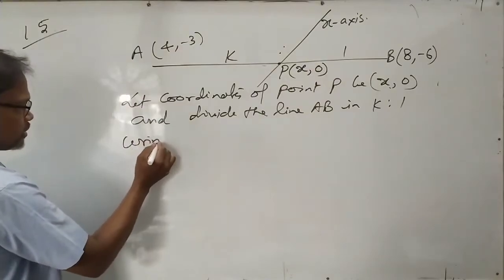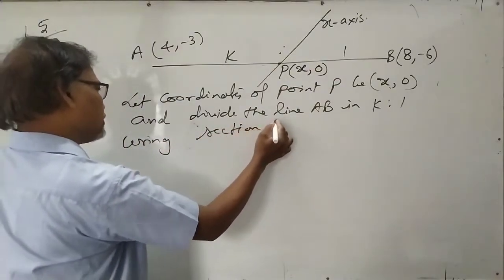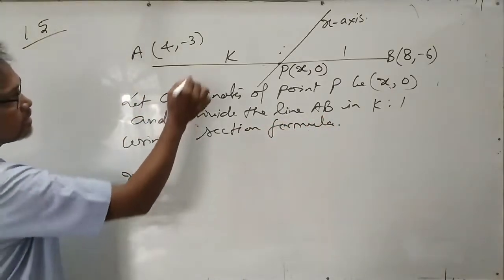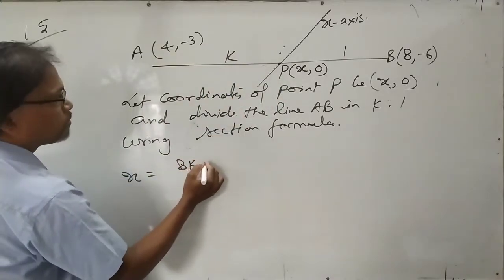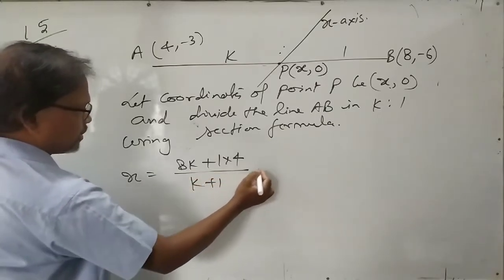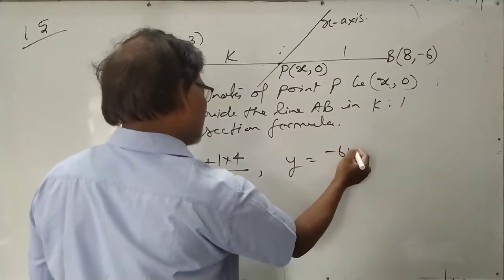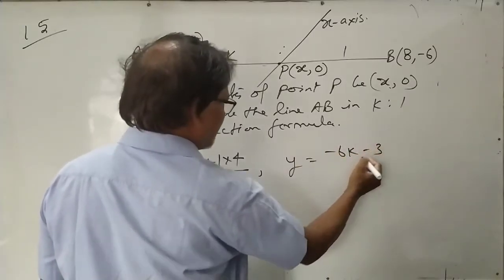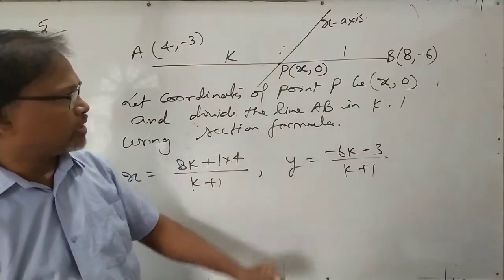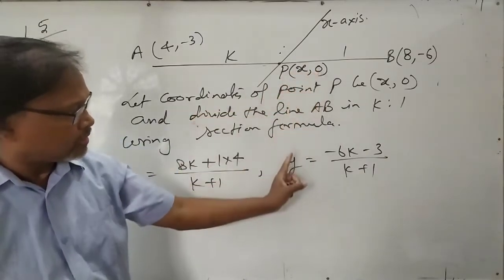तो using section formula, x is equal to k into 8 plus 1 into 4 divided by k plus 1 and y is equal to k into minus 6 and 1 into minus 3 divided by k plus 1. Now you have to find the value of k. And in place of x, put x, in place of y, 0.